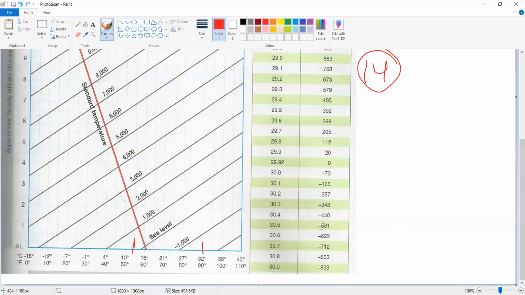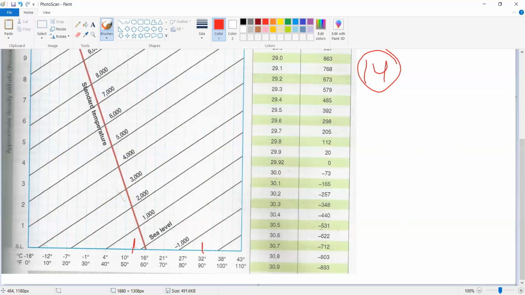Now we have two different density altitudes or feet pressure altitude. So the feet pressure altitude, we'll do 90 first. For 90 it is 1250.